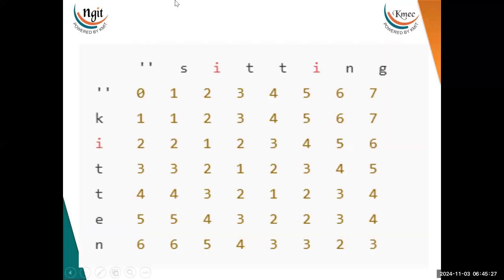Now let us try to understand this with an example. Here I'm showing you two strings: one is sitting, the other one is kitten. In this diagram, I'm trying to transform the string kitten to sitting. These two are nothing but you can consider them as null.